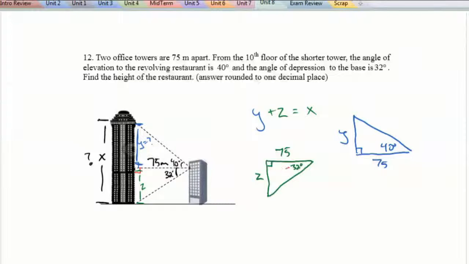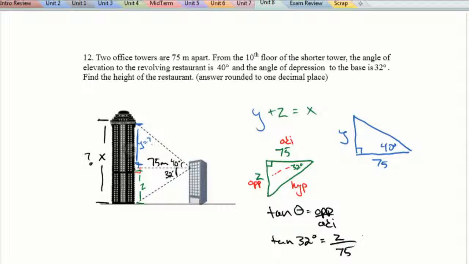So I'm just breaking it down. This is my opposite side. This is my adjacent side. This is my hypotenuse. I am trying to find the opposite. I have the adjacent, so SOHCAHTOA tells me to use the tangent is the opposite divided by the adjacent. In this case, I have 32 degrees, the opposite, calling z, over 75.